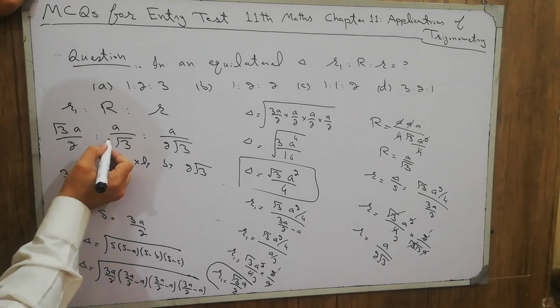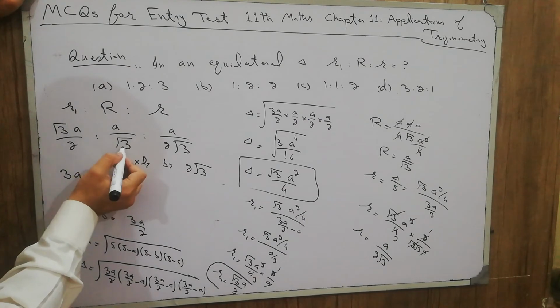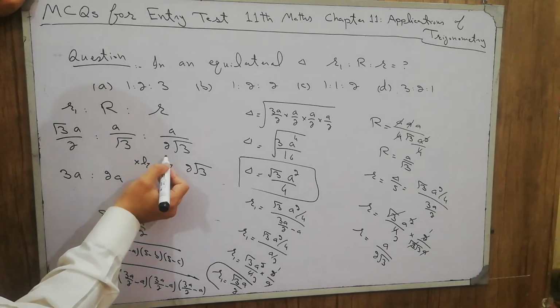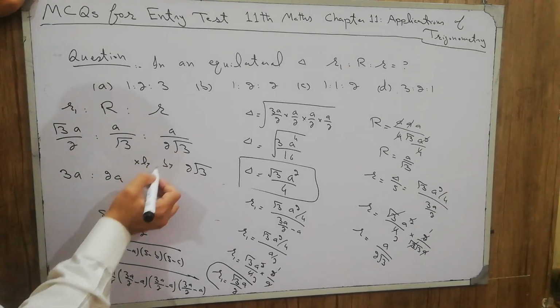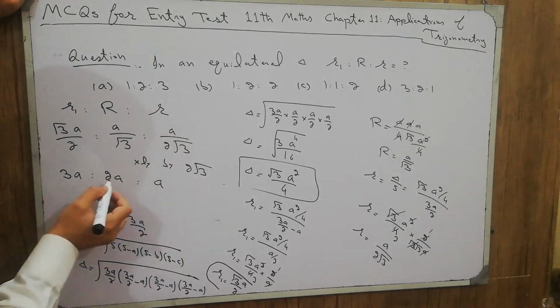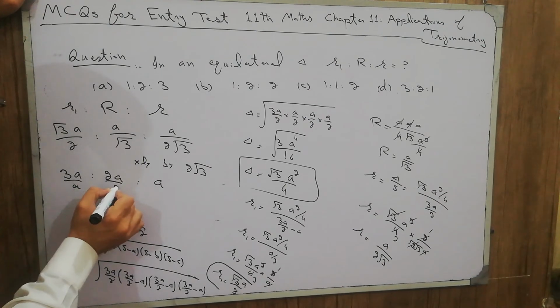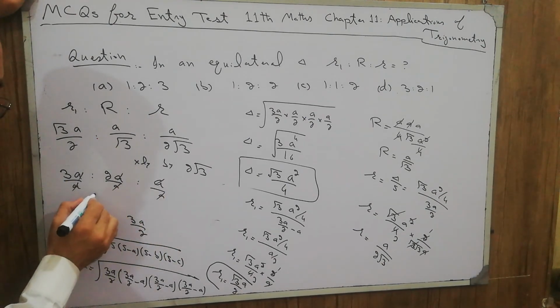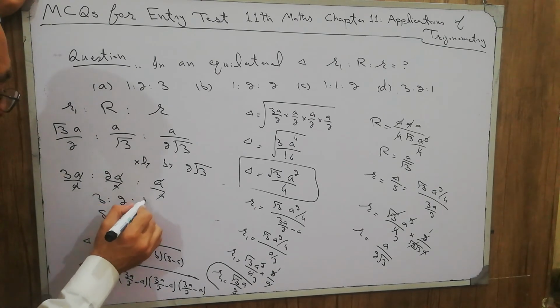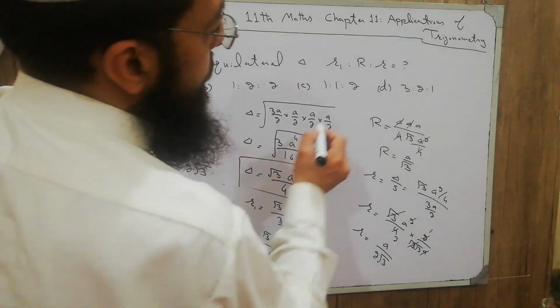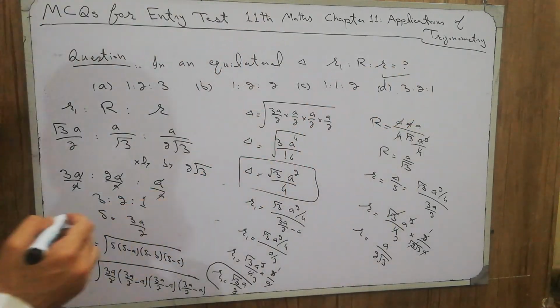Ratio, multiplying this by 2 into the square root of 3, the square root of 3 will be cancelled with the square root of 3, which gives 2A. And ratio, multiplying by 2 into the square root of 3, so 2 into the square root of 3 will be cancelled with this. Now dividing each by A, A cancels, which is equal to 3 ratio 2 ratio 1. So the correct option is 3 ratio 2 ratio 1, which is option D, and hence the question is solved.